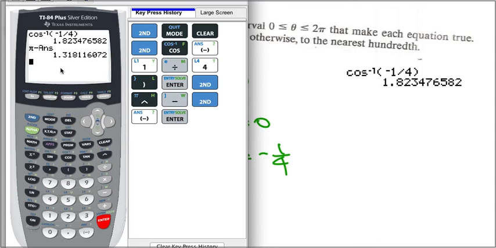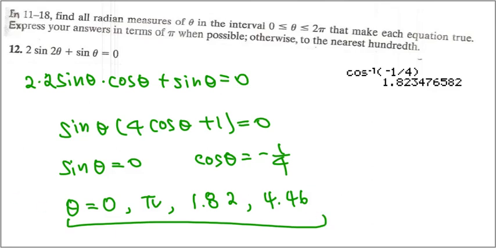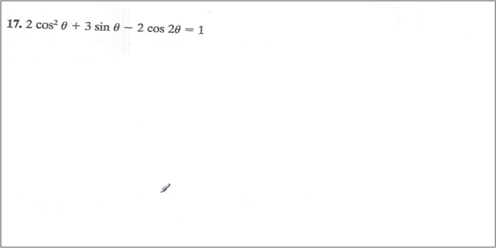So another angle, in the third quadrant, has to be this value added to pi. Then we'll end up having 4.46. Those are our answers. How about the next question?